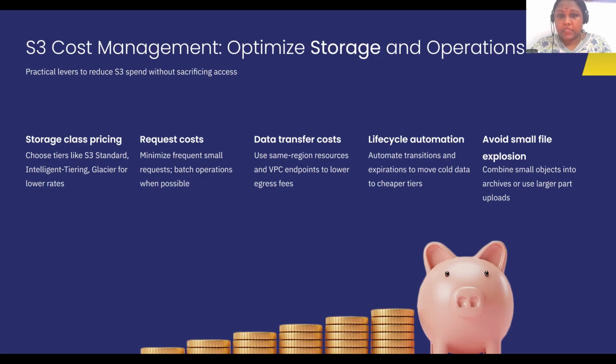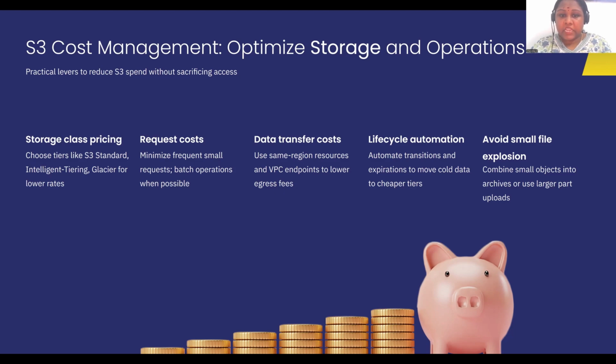Another powerful optimization is lifecycle automation. Lifecycle policies automatically move cold data to cheaper storage tiers and delete data that is no longer needed, preventing long term storage waste. Finally, avoid the small file explosion problem.